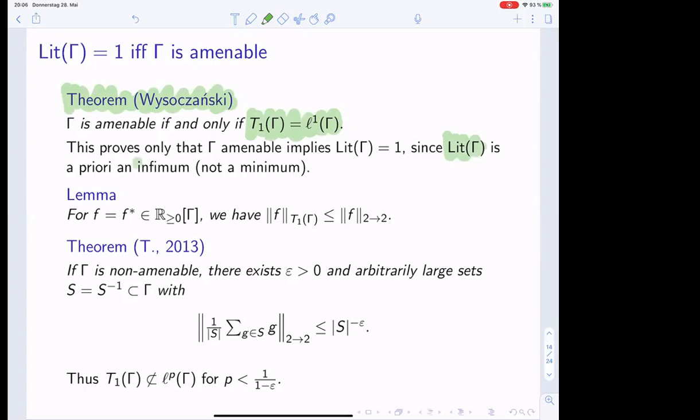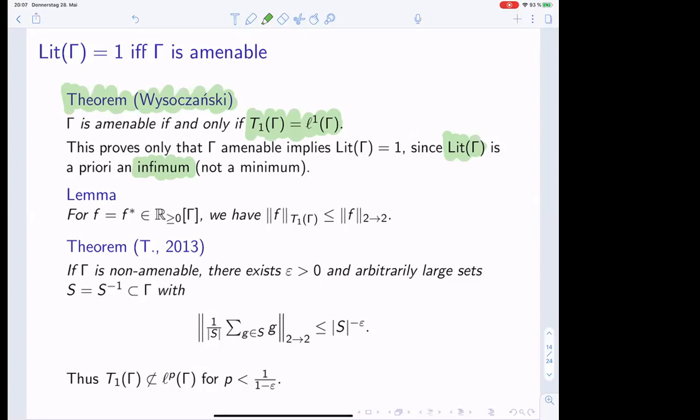It's an infimum of numbers, so it could be that it's contained in LP for all the p's bigger than 1, but it's still not contained in L1, right? Such functions, of course, exist, and we have to deal with this problem.